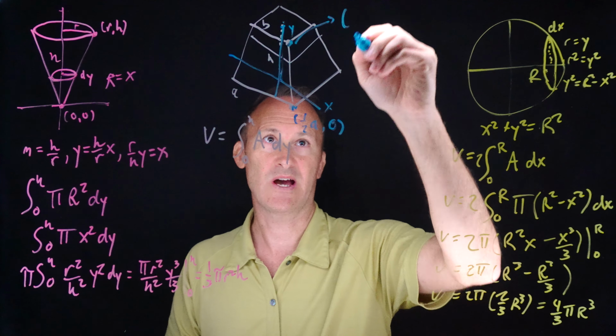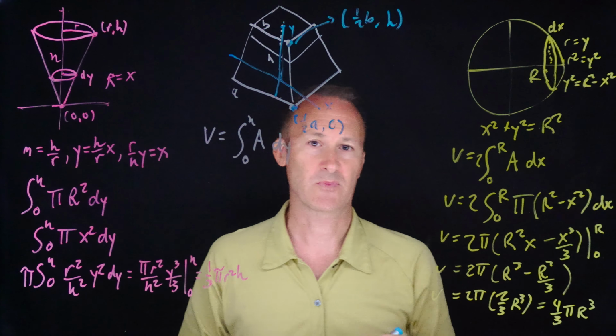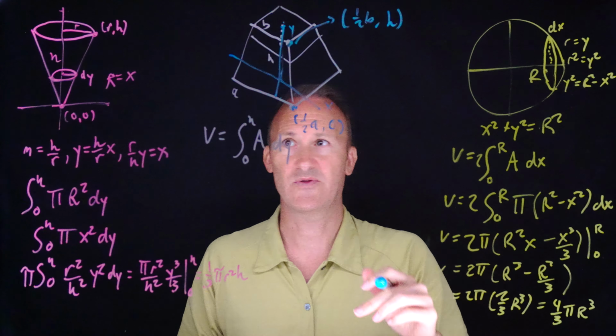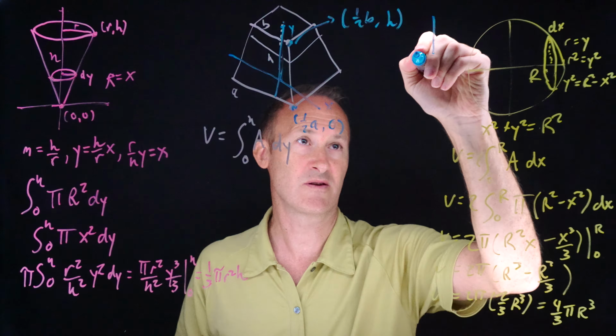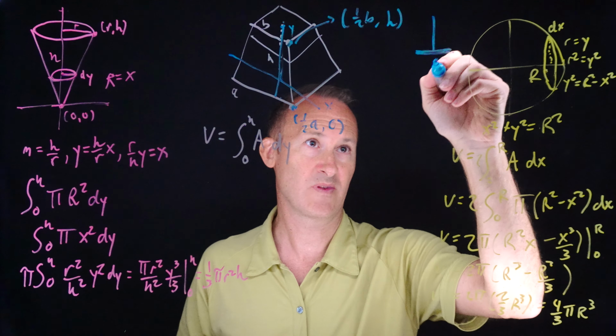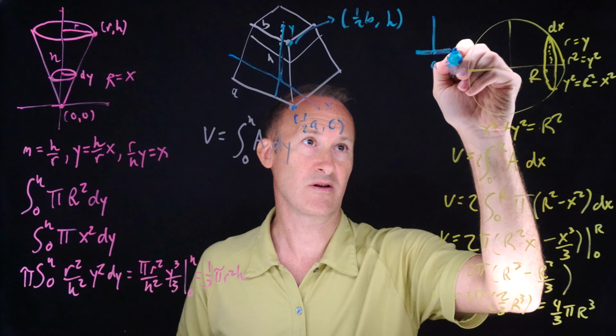Now the second point here is going to have coordinates what? Well, the x value now will be 1/2 of b, and the height will be h. Okay, so again, we're just setting up an xy coordinate. If you want to look at it front on, there's our x and y. That's the square. Okay, that has length a, so this is 1/2 a, going from here to here.